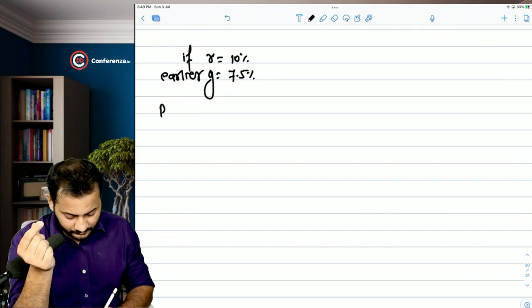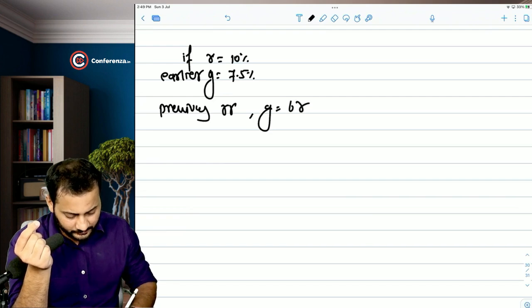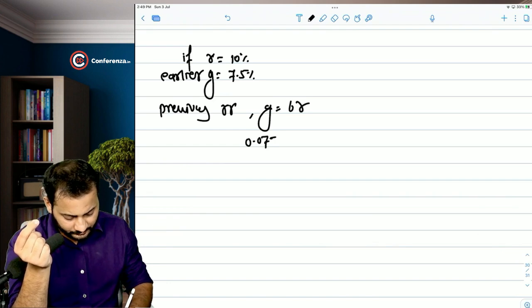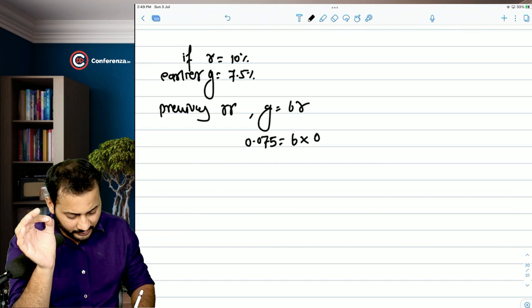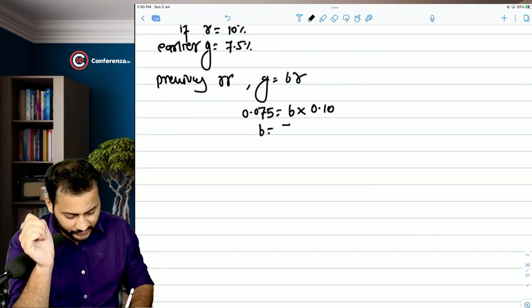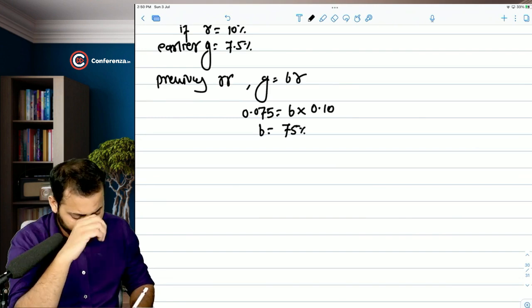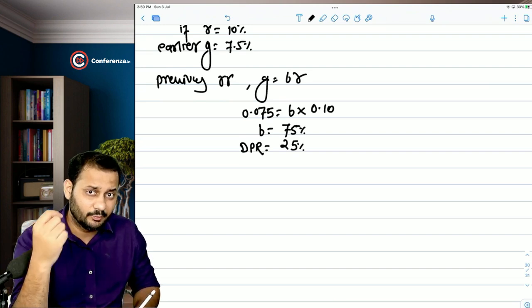So for the previous retention ratio, growth is equal to b times r. Growth is 0.075. b we do not know, we want to calculate it, and the return on equity is 0.10. So we can say the retention ratio earlier was 75%. That means the dividend payout ratio was 25%. Do you agree? This is the previous dividend payout ratio.